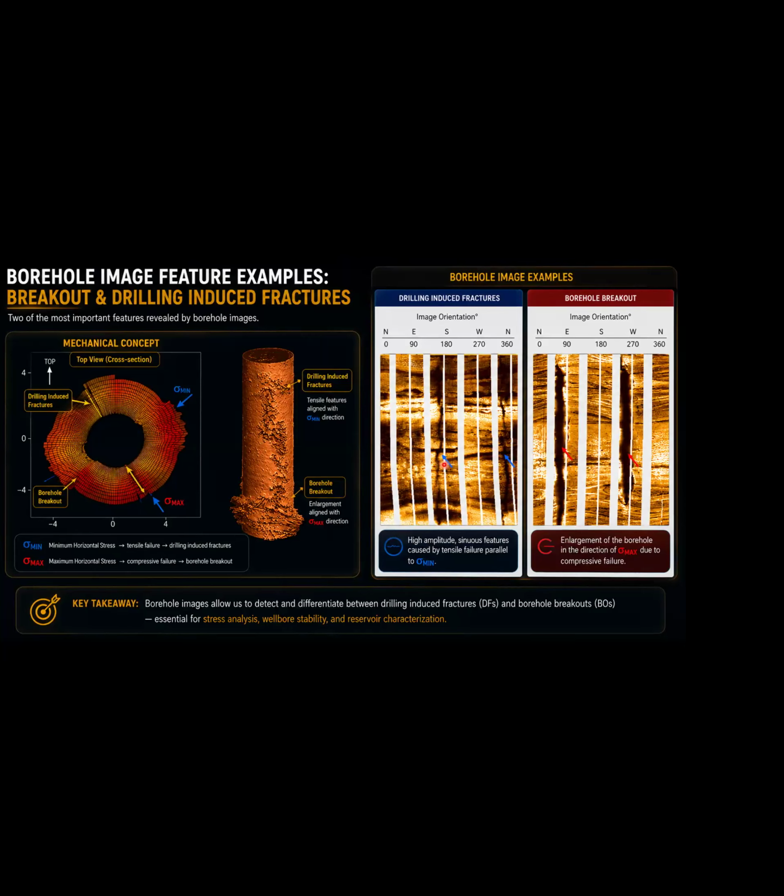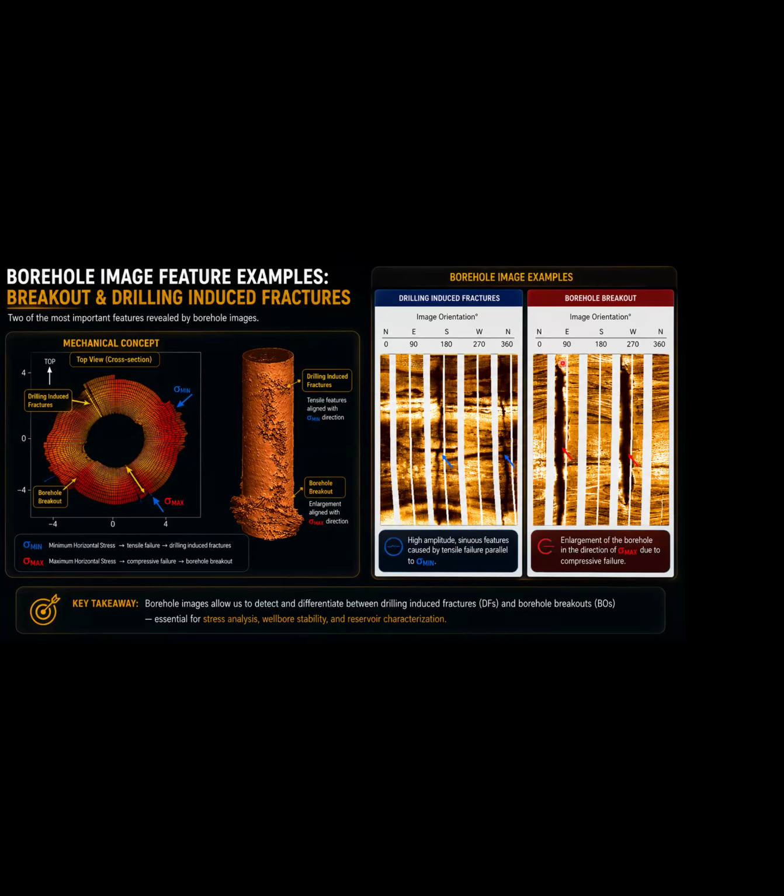Both of them will be 180 degrees apart. It's not necessary to have them in the same window, so usually we don't see them in the same window.